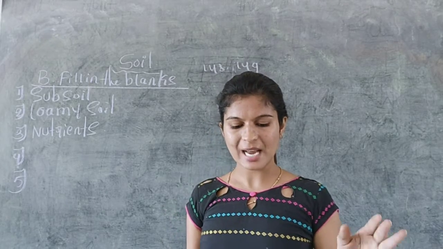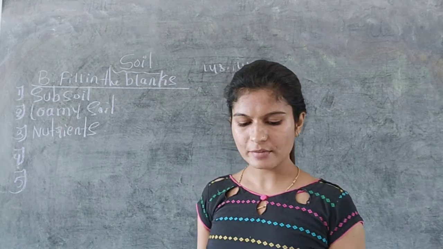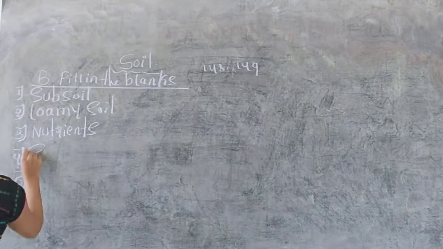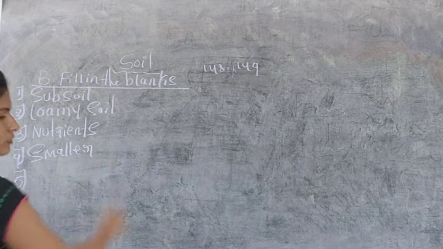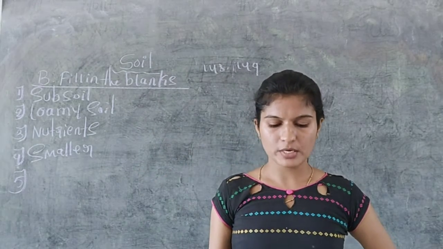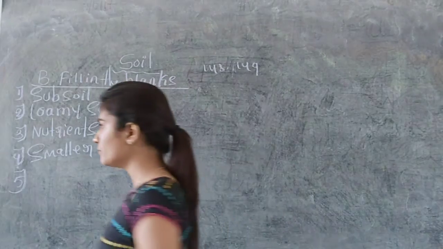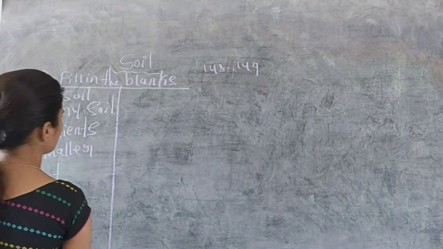So sandy soil has smaller particles. These have much smaller particles than those of gravel. Next, fifth one. Clay soil can hold a lot of water. Okay, these are the fill in the blanks.